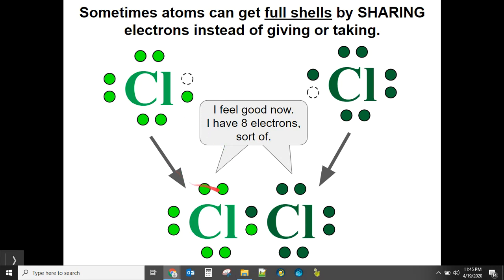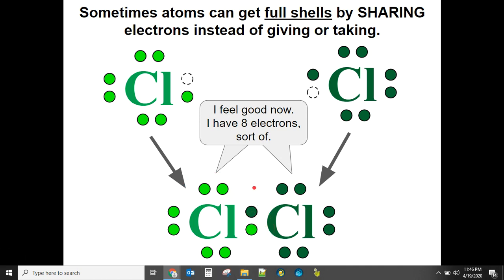So with the 7, 1, 2, 3, 4, 5, 6, 7 from this chlorine atom, and the 7 from this chlorine atom, if they share 2 between them, so that means that this chlorine atom has access to 8 electrons. Not all the time because they're sharing these ones, but this one does too.